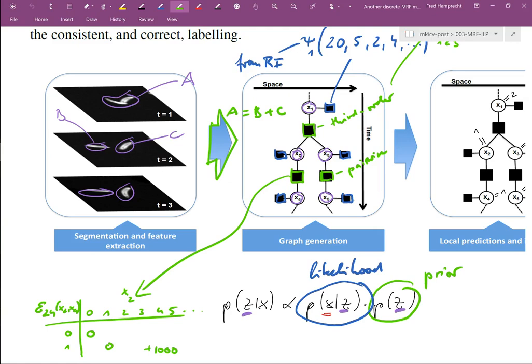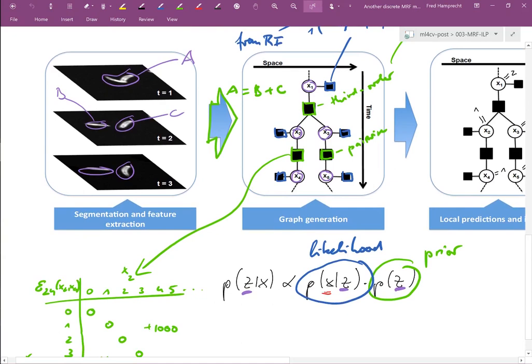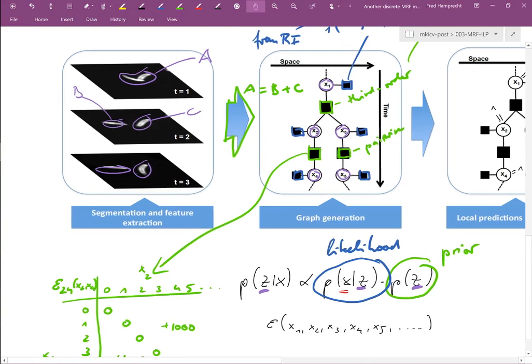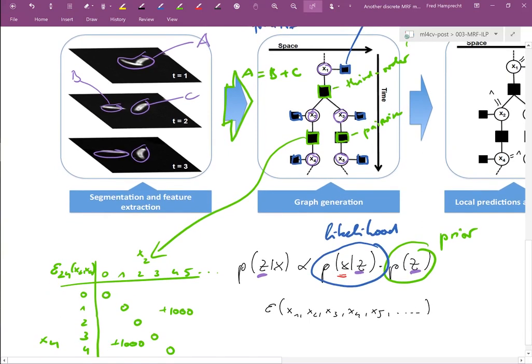But the model itself is just an energy depending on all these variables, on x1, x2. In our case, I only showed 5 variables, but if there are more time steps, there are more variables. The energy function depends on all of these, and this energy function itself makes no prescription as to how we want to solve it.